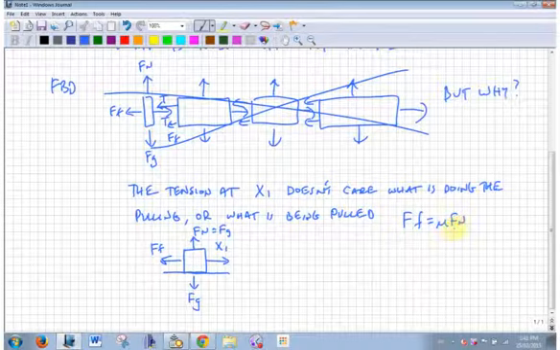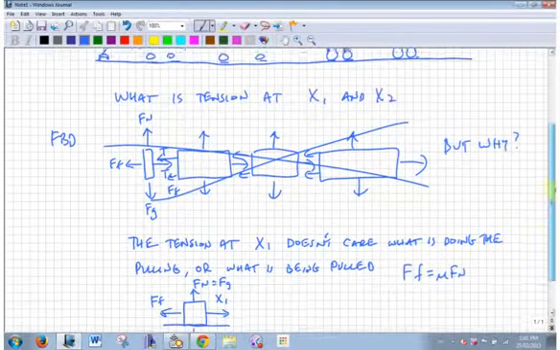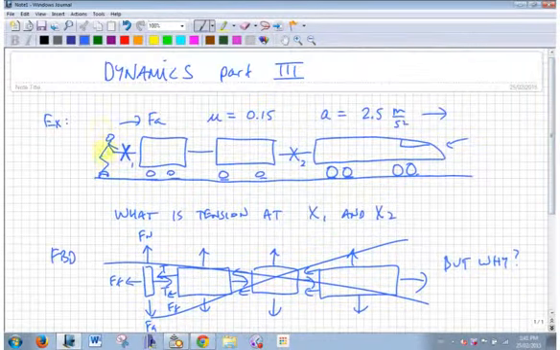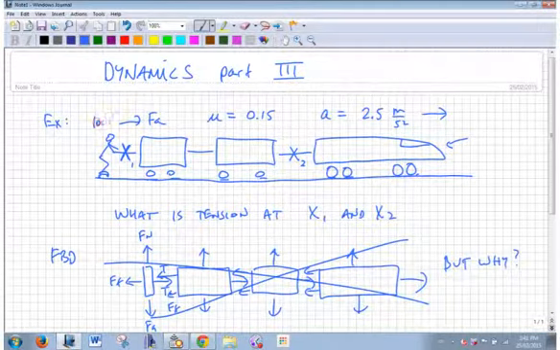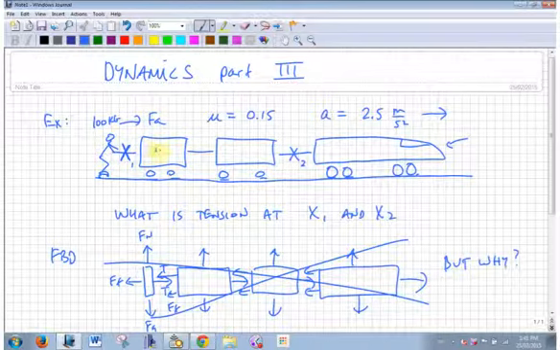Force of friction is mu Fn. Okay? I kind of maybe need this guy's mass, don't I? So this guy is 100 kilograms. This is going to be 200 kilograms. Well, look, the guy's bigger than the train, okay?